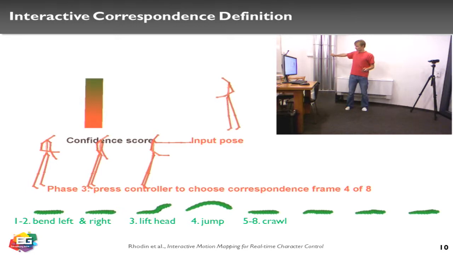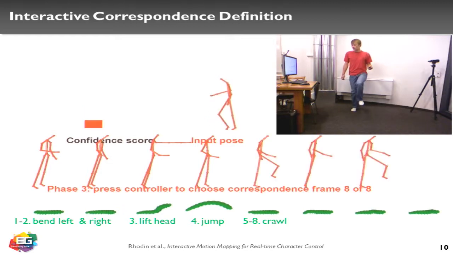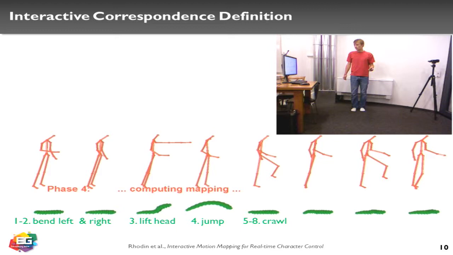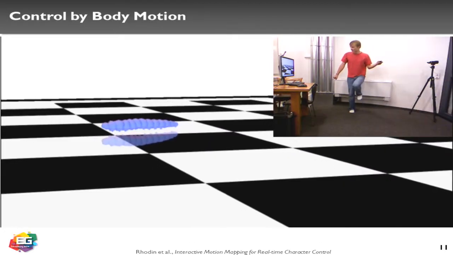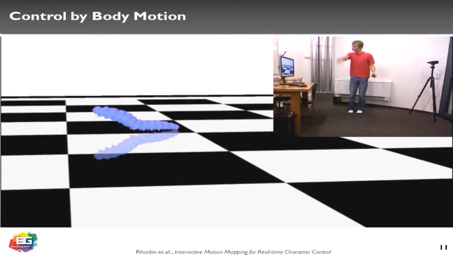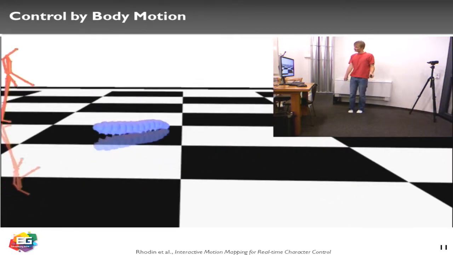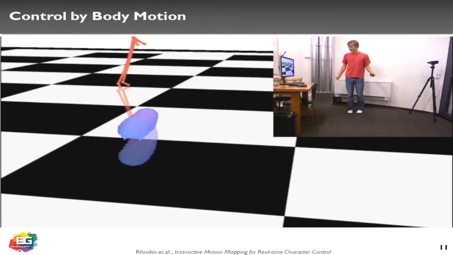The basic idea is that if you are repeating something that you already did before, then the motion will be kind of bad. After this, for just these 8 correspondences, they can generate this mapping, which can control the character with this system.